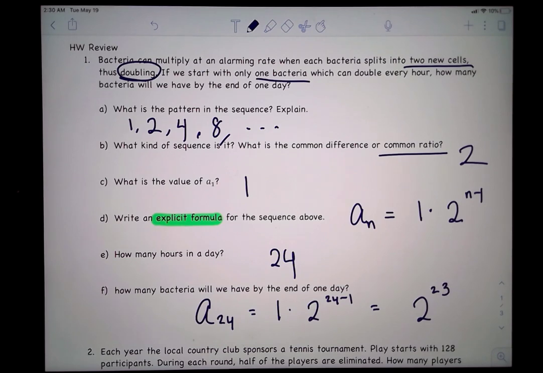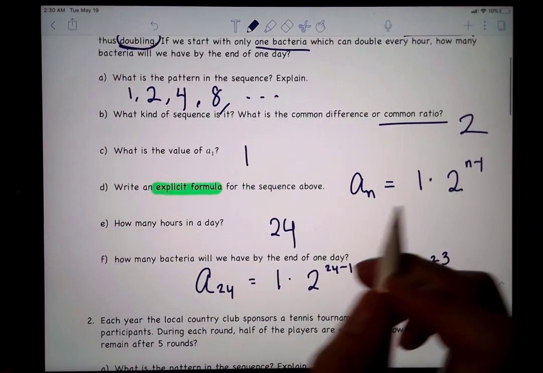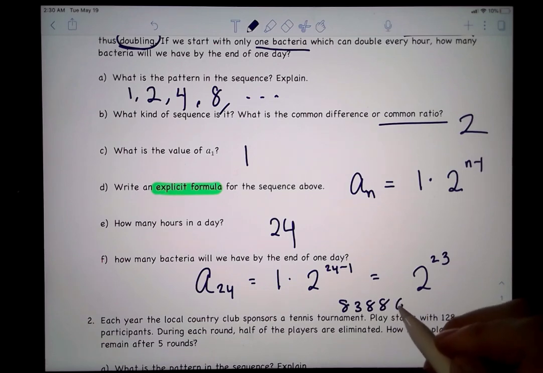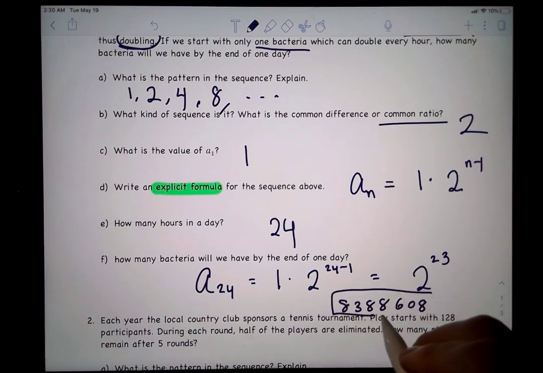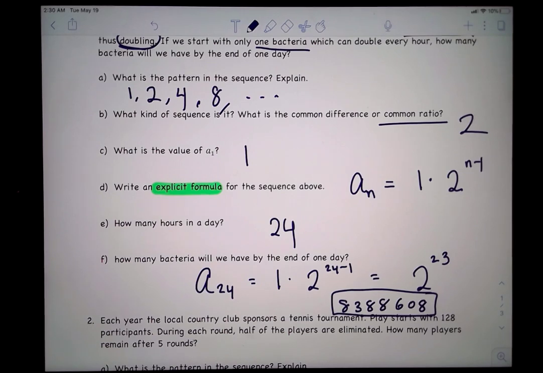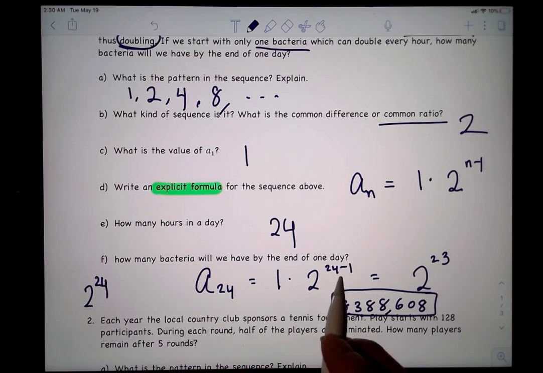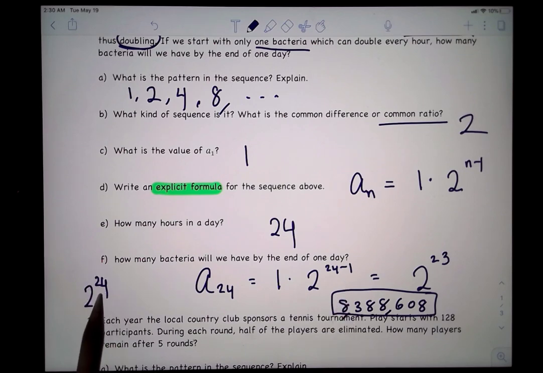As a number, 2 to the 23rd power is 8388608. So that's my answer. Most of you got the right answer, and some of you just got 2 to the 24. You didn't subtract 1, then you get 16-something, but that's because you didn't subtract 1. So just make sure of this.